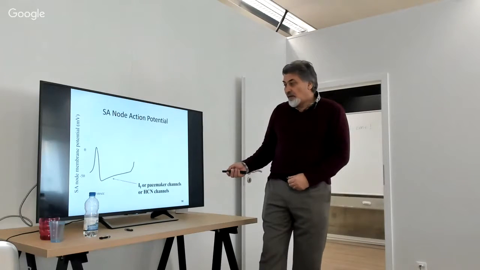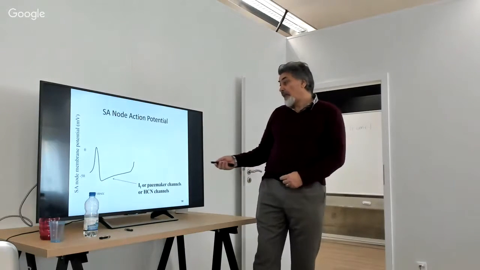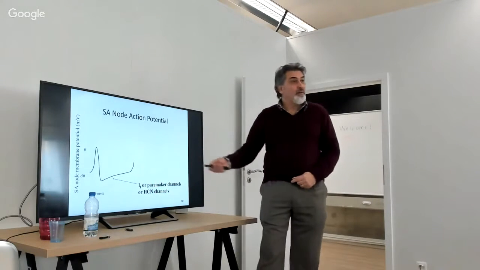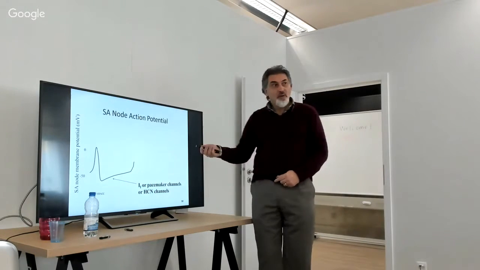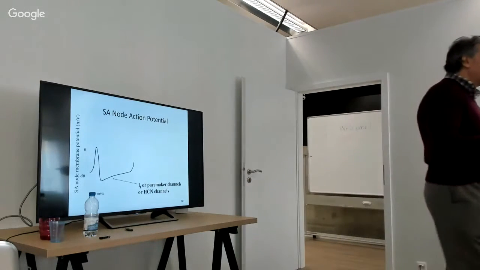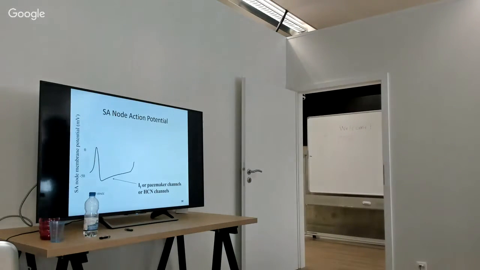And why do we have this potential with slow depolarization? We have some strange, bizarre, funny channels. This name, funny channels, was given to this channel by an Italian, Dario Di Francesco, working at Oxford University.